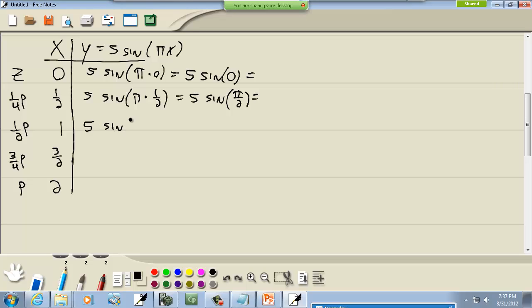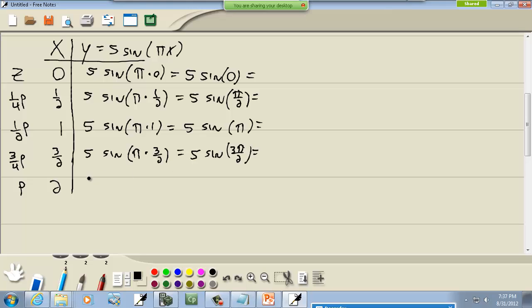And we'll have 5 sine of pi times 1, which gives us 5 sine of pi. This one will be 5 sine of pi times 3/2, which gives us 5 sine of 3 pi over 2. This one gives us 5 sine of pi times 2, which is 5 sine of 2 pi.